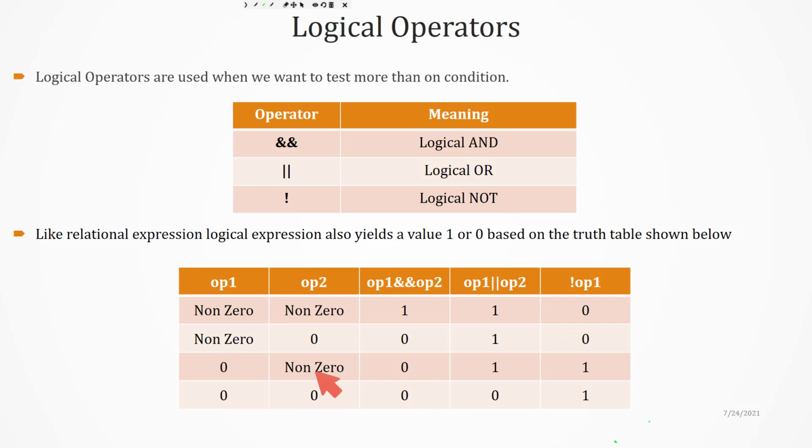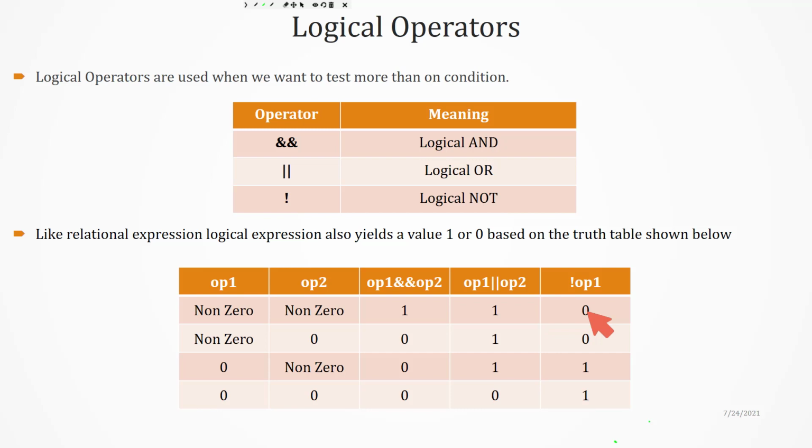Okay, here it is OR. Both the switches are on. In OR condition, the bulb will glow. That's why it is 1. Here one of the switches is on. There also the bulb will glow. Here also one of the switches is on, so the bulb will glow. Here both switches are off, so the bulb will not glow. That is denoted by 0.